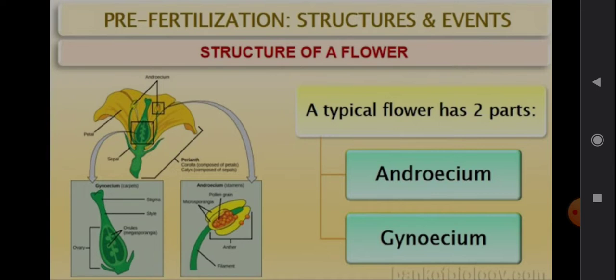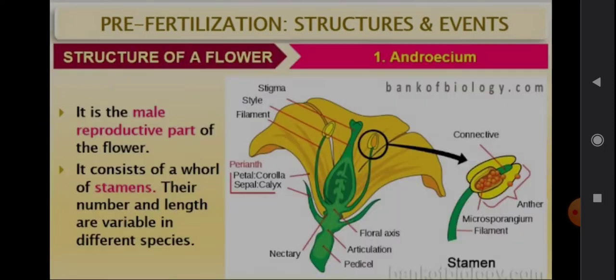Gynoecium is the female reproductive part of the flower. So today let us study the androecium. It is the male reproductive part of the flower. It consists of a whorl of stamens. Their number and length are variable in different species.